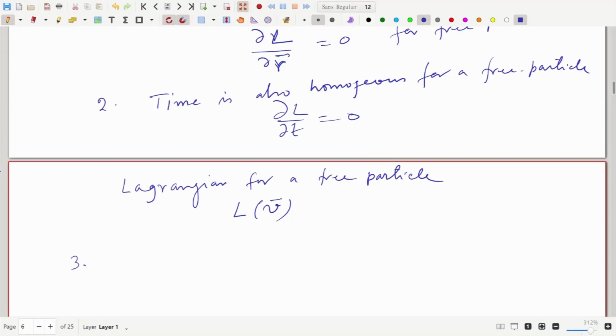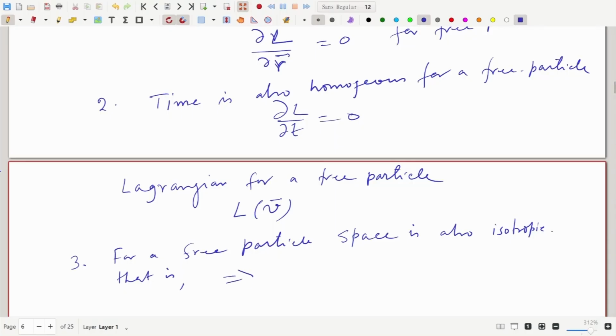Now for a free particle, the space is also isotropic. That is, the dynamics of the system will not be affected by rotation of the coordinates.